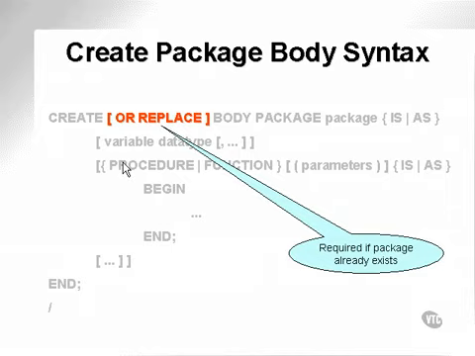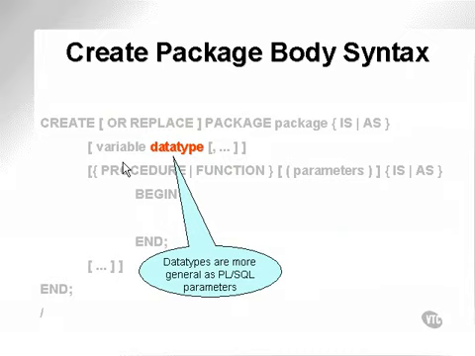Again, you can have global variables, and they have the standard PL/SQL data types. Note that parameter data types in PL/SQL are the restricted data types, not data types declared within PL/SQL itself. You can declare varchar2s with a data length inside a PL/SQL stored procedure. The restricted data types only apply to parameters.